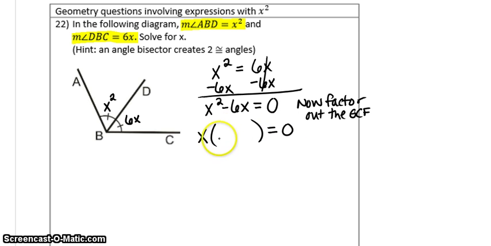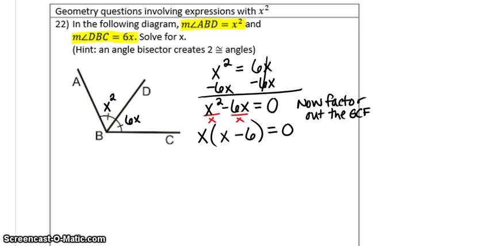I need to figure out what's left inside those parentheses. So I'm going to take each term and divide by the GCF to figure out what's in parentheses. x squared divided by x is x. Negative 6x divided by x is negative 6. So I end up with an x minus 6 in parentheses.